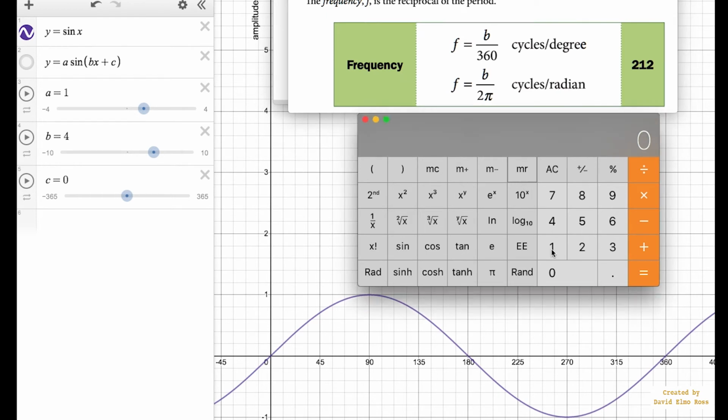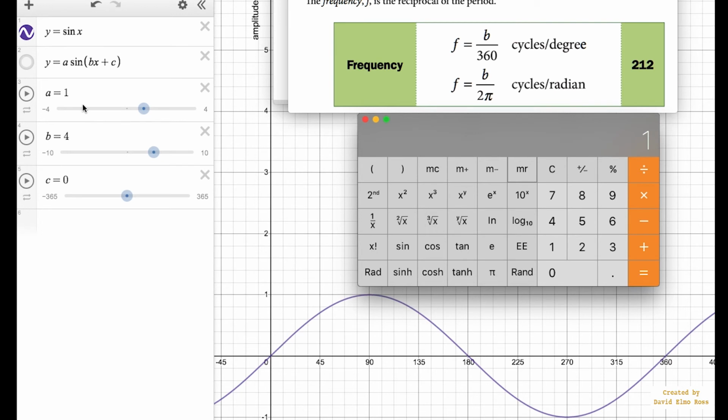So if we say 1 divided by 360, this is going to give us the number of cycles per degree. So when we look at 1 degree, it gives us this amount of a complete cycle here. If we were to multiply that by 360, then you can see that indeed that is going to give us the entire wave here.